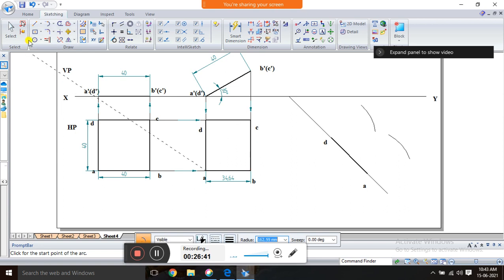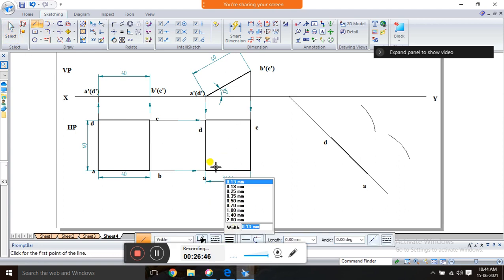Like this you have to measure, or else you can simply take your compass and place it here. That is also another way.